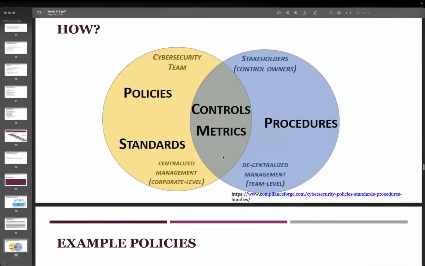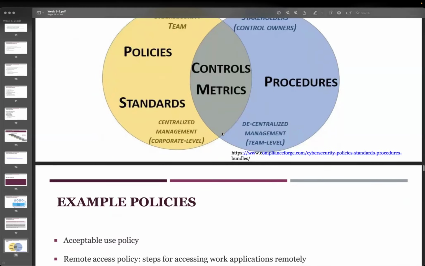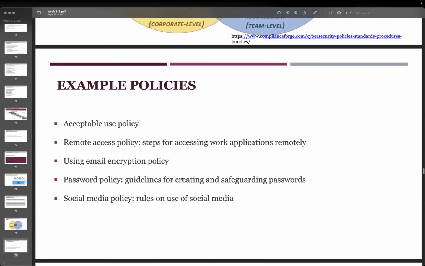Some possible example policies include acceptable use policy, remote access policy, email encryption policy, and password policy. You may be more familiar with the password policy, which covers how to create and safeguard passwords, like length, patterns, letters, numbers, and special characters. Or a social media policy, on how you can use social media.